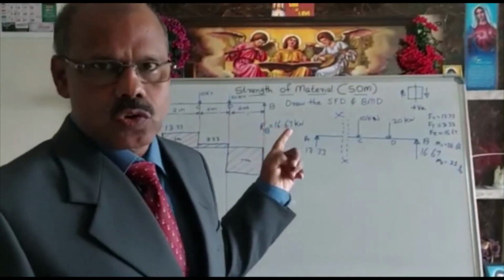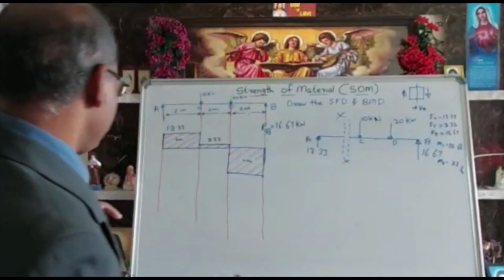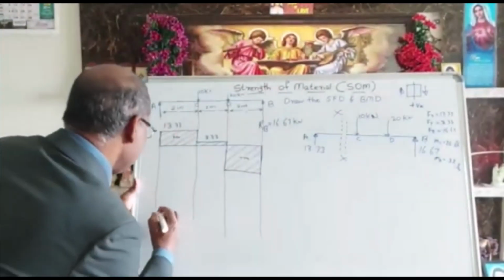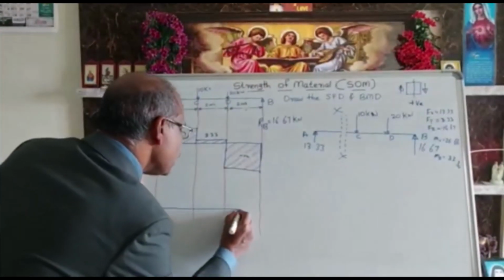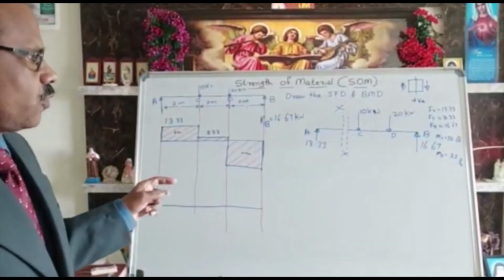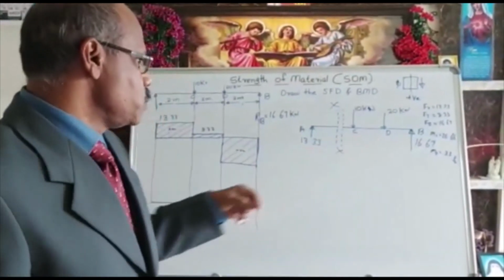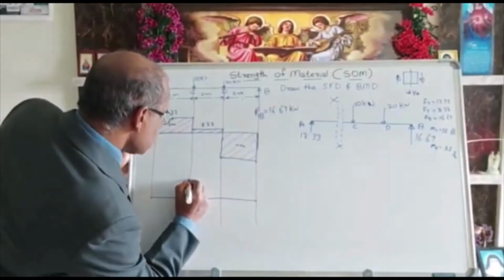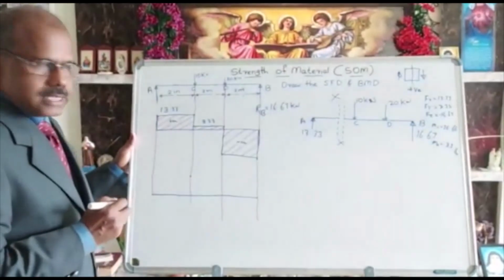Now we will draw the bending moment diagram. For the bending moment diagram also we have to draw a baseline first. Thereafter the point MC is equal to 26.6.